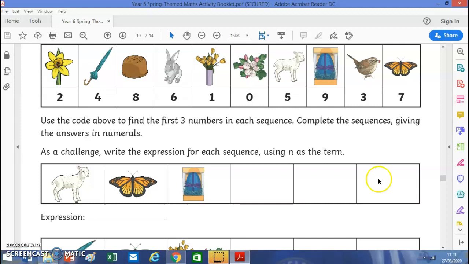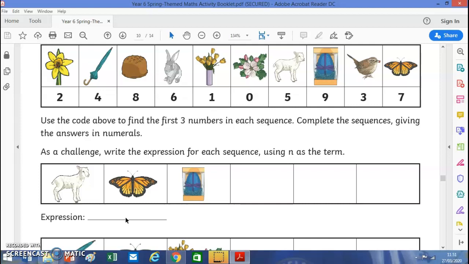As algebraic geniuses, you need to express it using the nth term. So the n stands for number, any number. So imagine the nth term was this butterfly here. We would look at writing, in this case, 7 add 2. But if we're talking about any number, and any number is represented by the letter n, we would put n plus 2.